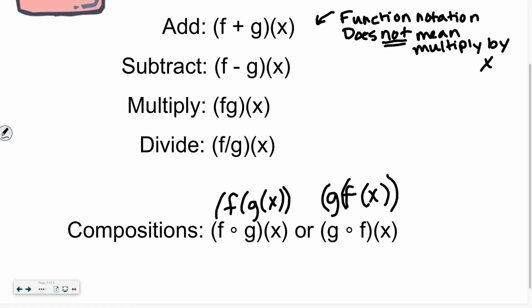So I often get a lot of students who just don't practice enough with their notation, the way mathematicians are going to write things, and they think that they should add an x to everything that they do, like multiply through an x. That is not the case. That's just the x as in f of x, g of x, whatever letter we're using to say it's a function of x. But it doesn't mean multiply by x. So we want to make sure we're careful and we're paying attention to notations on our homework so we don't do those same types of things when we get to quizzes and tests.